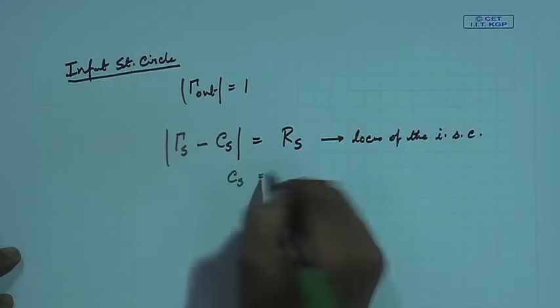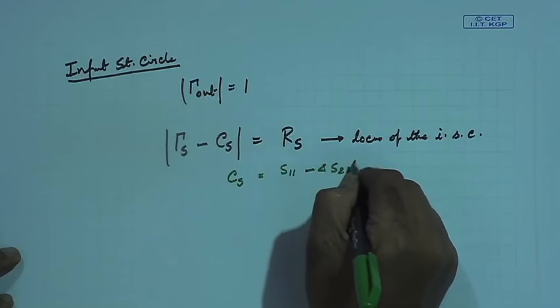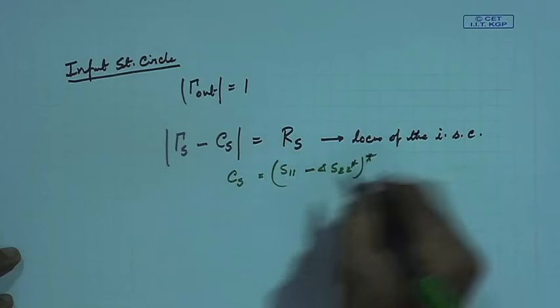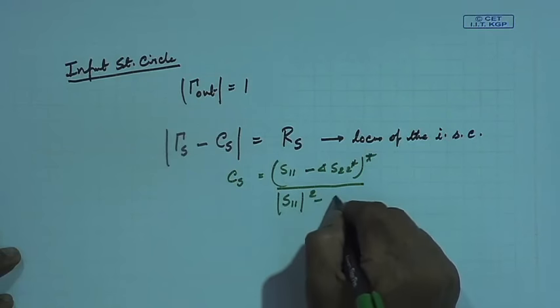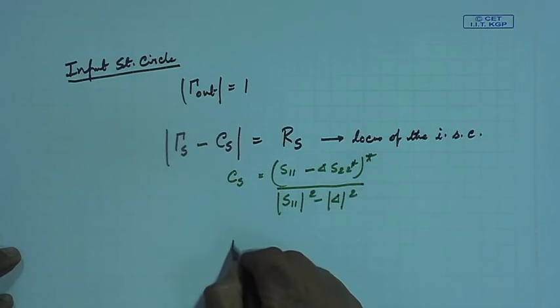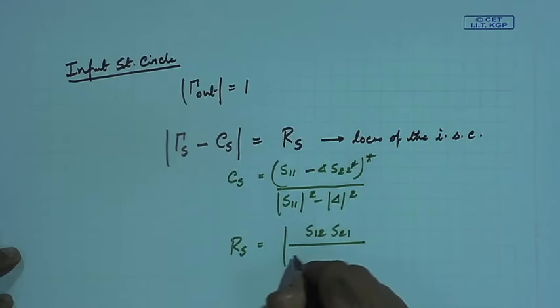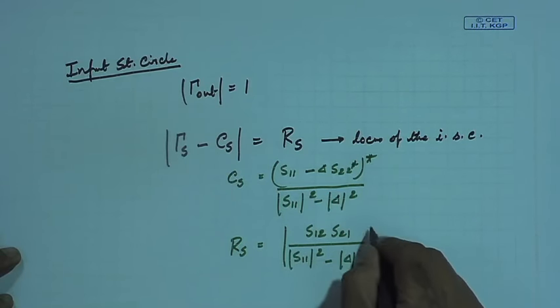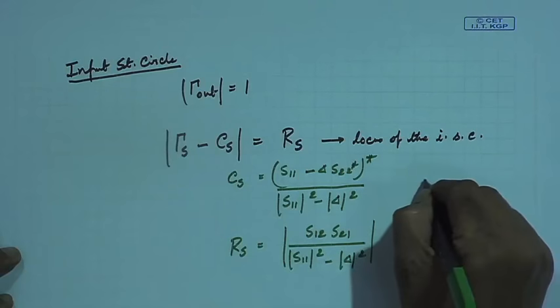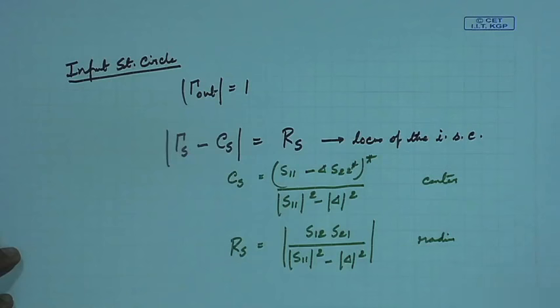CS turns out to be S11 minus delta S22 star, star meaning conjugate, divided by S11 square minus delta square, and RS is S12 S21 by S11 square minus delta square. This is the center of the circle, this is the radius of the circle.